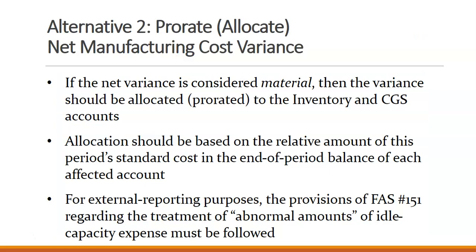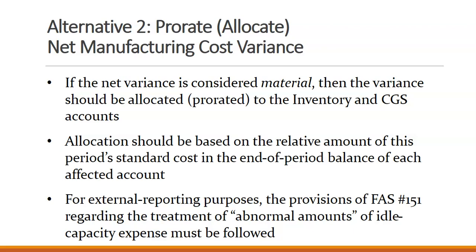The other option is that if that total variance, that $37,000 variance, is considered material, we should allocate it or prorate it across work in process inventory, finished goods inventory, and cost of goods sold instead of putting it all in cost of goods sold.